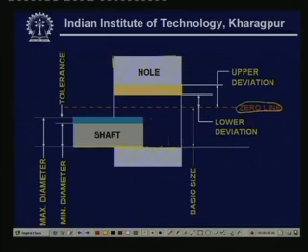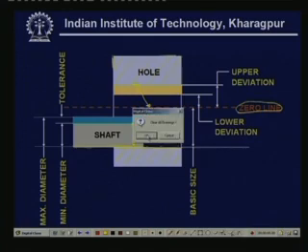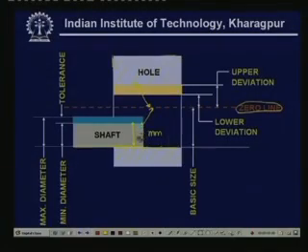So, if we had made the shaft exactly touching this line, and this side of the hole exactly touching this line, then for the present example, suppose this is 10 mm, or shall I put it as some arbitrary value x mm.